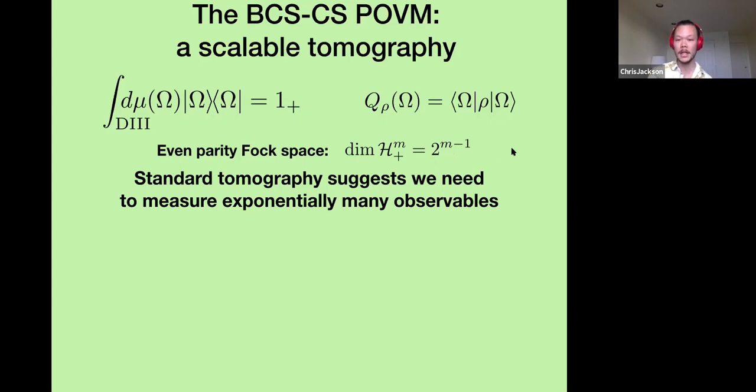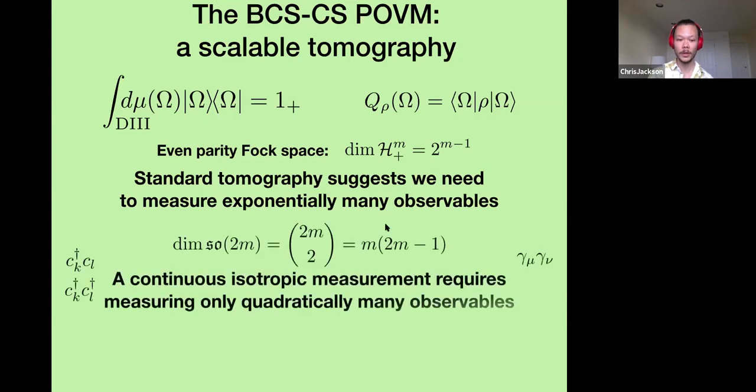And if you were to think of this as a naked Hilbert space, and you imagined trying to do measurements in the sense of standard tomography, so that you could uniquely determine the unknown density operator being given to you, you would immediately think that doing tomographically complete measurements on such a Hilbert space might be hopeless, because the Hilbert space has a dimension that is exponential in the number of modes. And if you're building a quantum computer, you would be interested in a system with many modes.